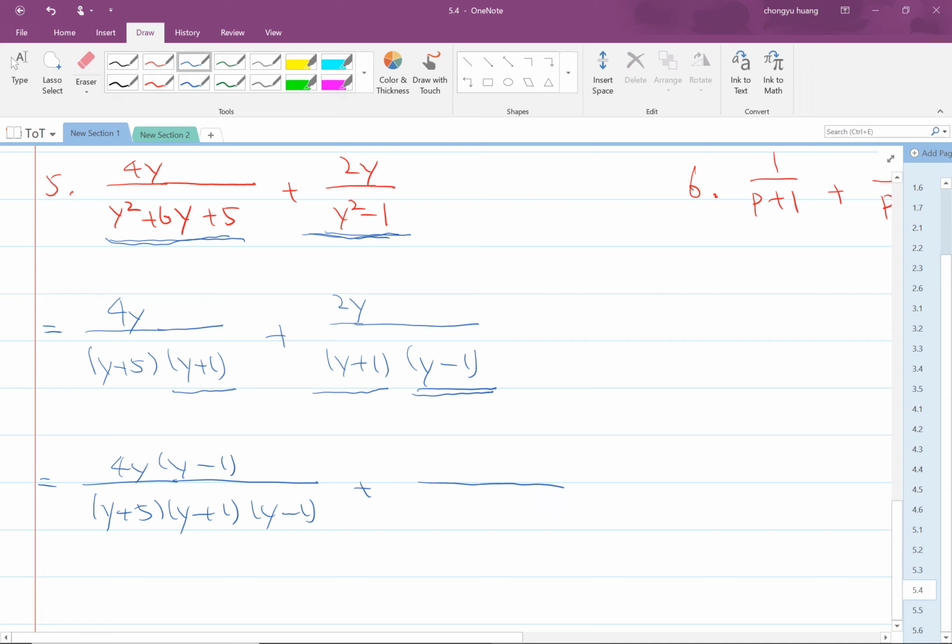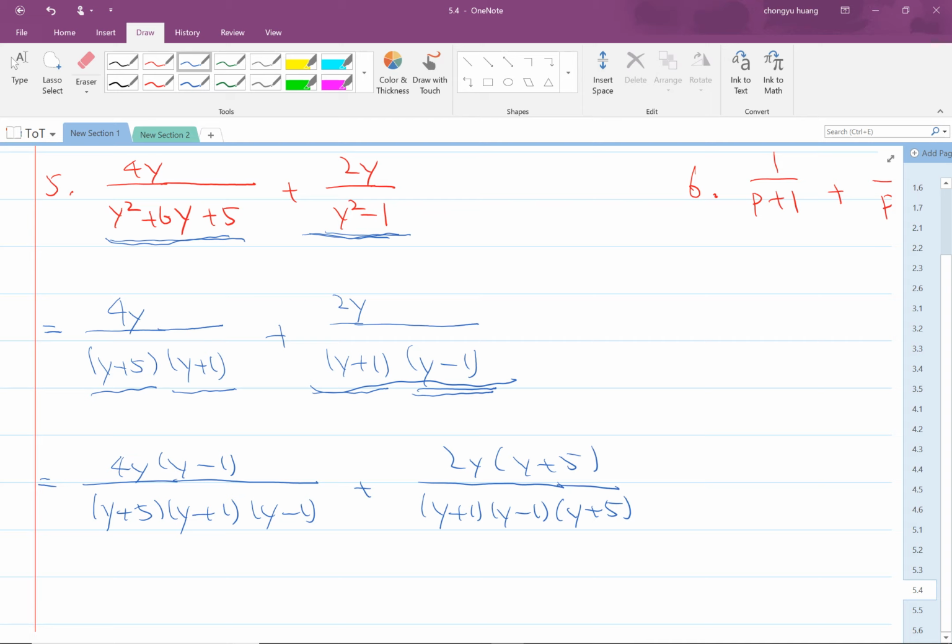And you can see on this part we are actually missing y plus 5, right? So you basically have to multiply y plus 5 to the other side, and then you also have to multiply y plus 5 to make it balanced, right?